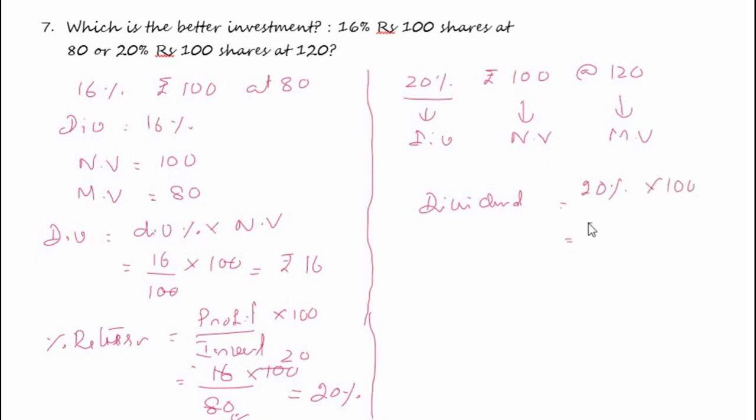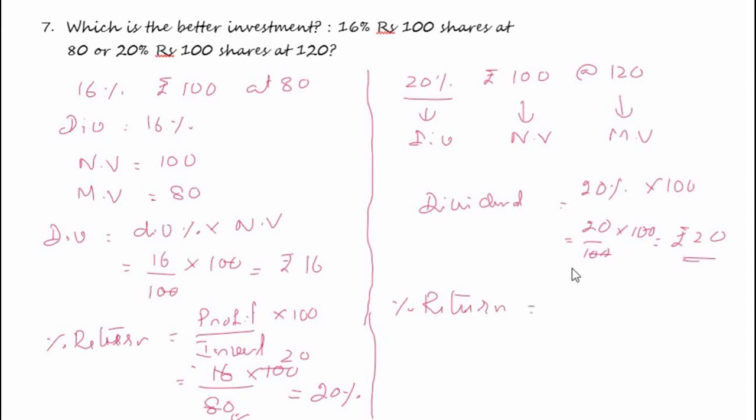So this is 20 divided by 100 into 100, that is rupees 20. So he gets a dividend of rupees 20 here, but we need to calculate the percentage return. It is not the absolute sum, it is the percentage return.